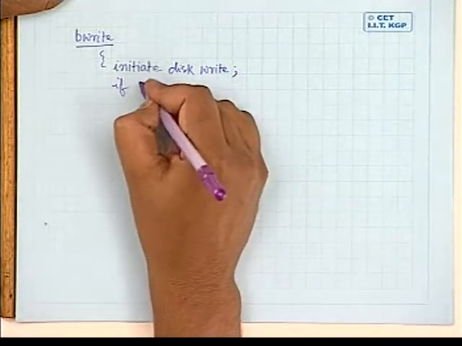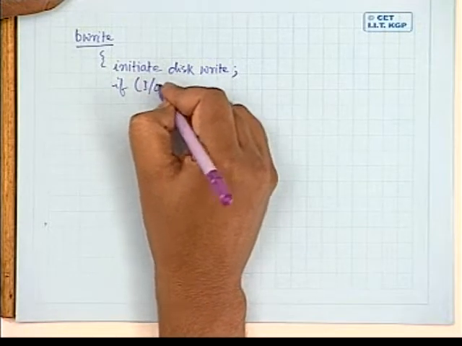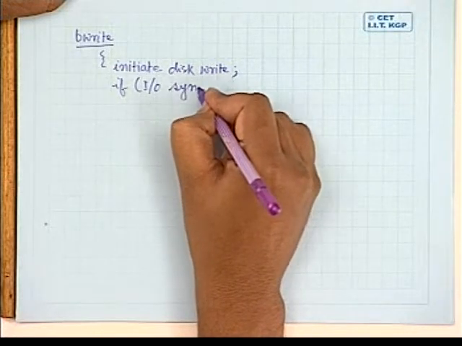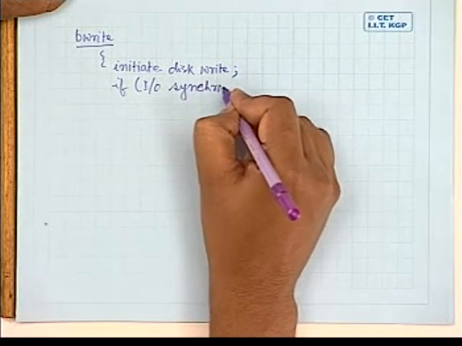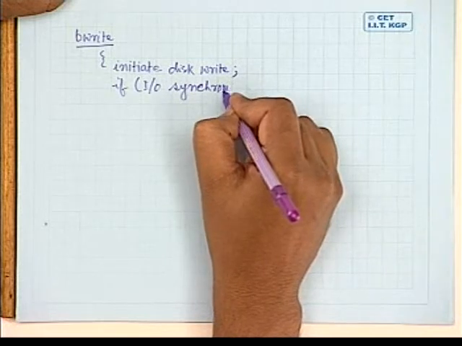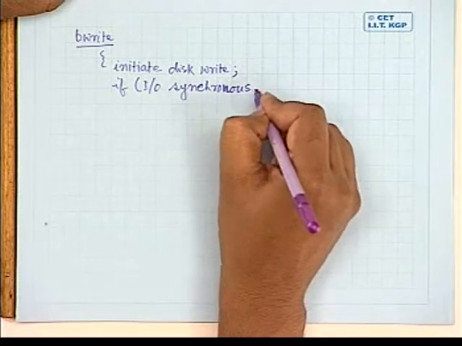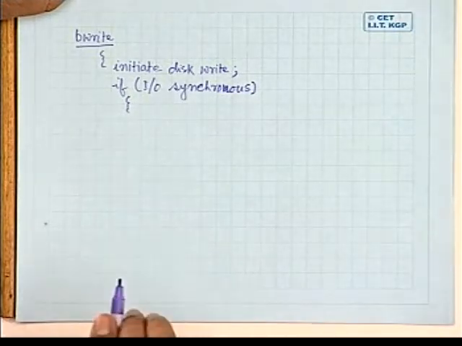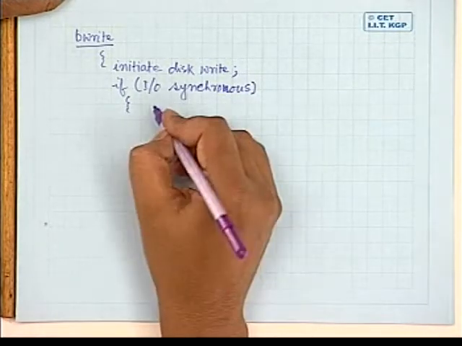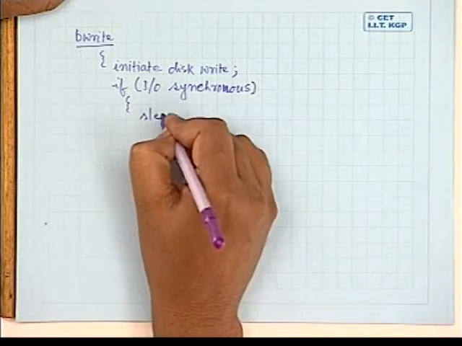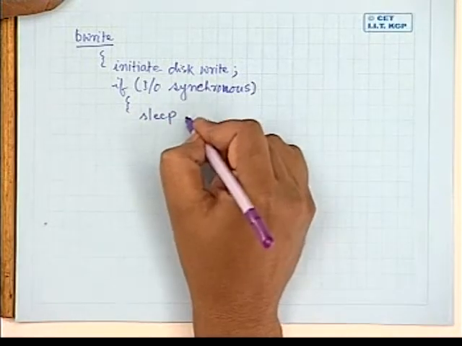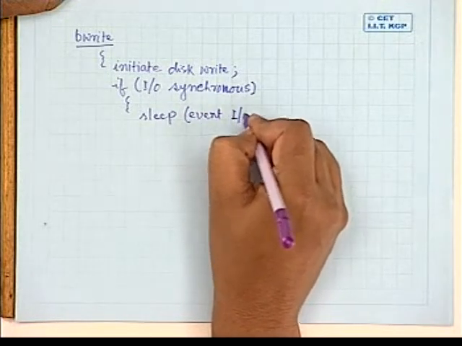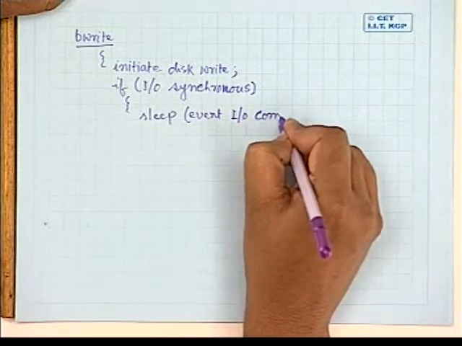If this IO operation, that is the write operation, is synchronous, then obviously the process has to go to sleep until the writing operation is complete. Then you sleep on the event IO is complete.